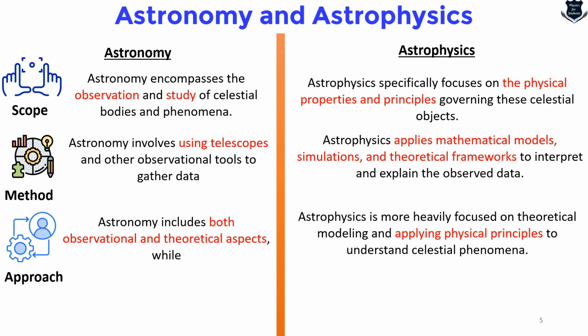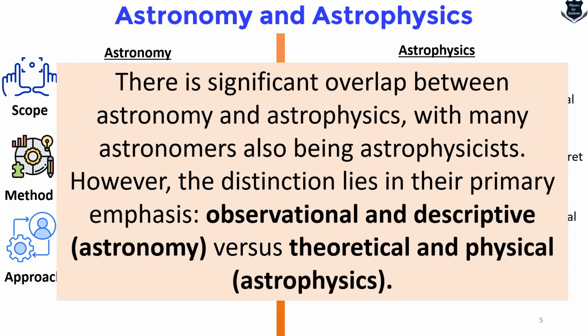Celestial phenomena. So overall we can say this: there is a significant overlap between astronomy and astrophysics, and many astronomers can also become astrophysicists. So the distinction lies in the primary emphasis, which is observational and descriptive in astronomy, and using theoretical and physical models in astrophysics.